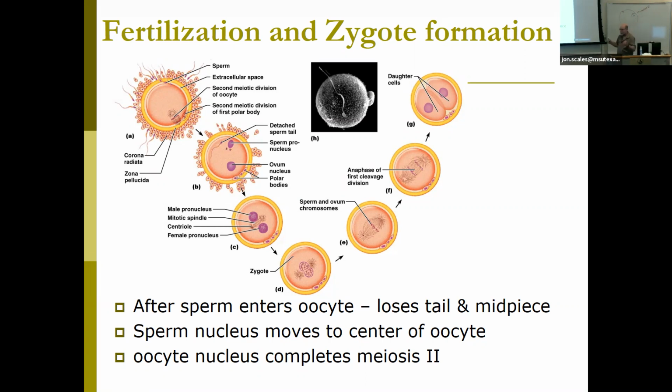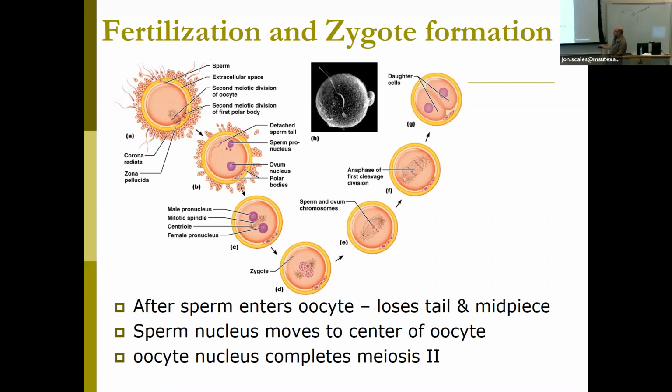And it has to get out of it. It has to finish that. So it does, and that's what's shown happening here. There's the sperm, and here it is finishing meiosis II and creating another polar body. That polar body is very, very tiny. It's as small as a sperm, and it's not going to be of any consequence.